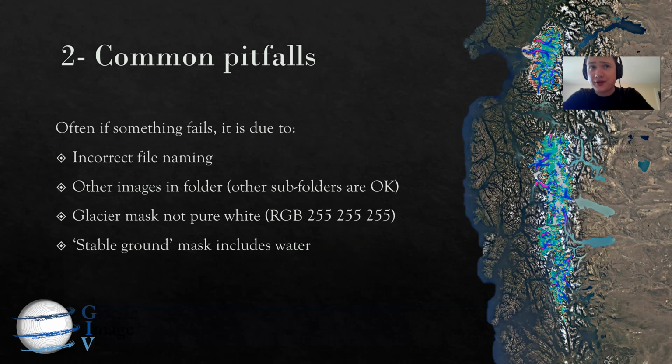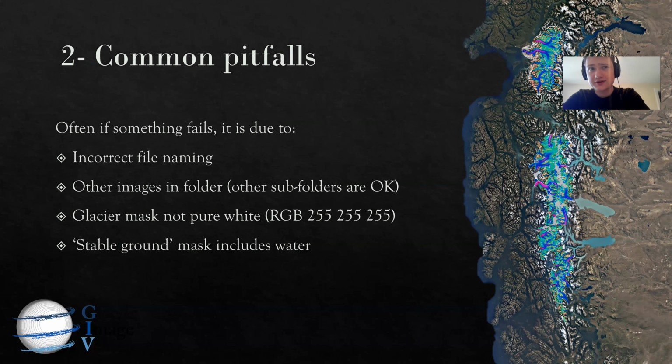So be careful about that. Something that can cause it to fail is if you combine multiple data sets in the same folder. For example, if you put the satellite images from two different glaciers in the same folder, then GIV will attempt to run all of them and will not produce meaningful results because of that. So be careful about that.